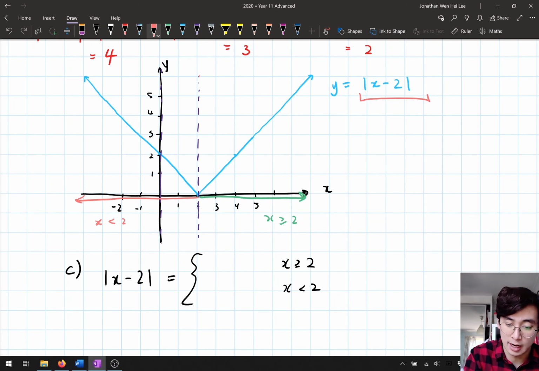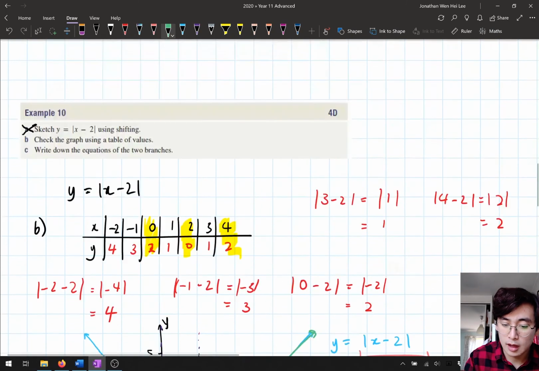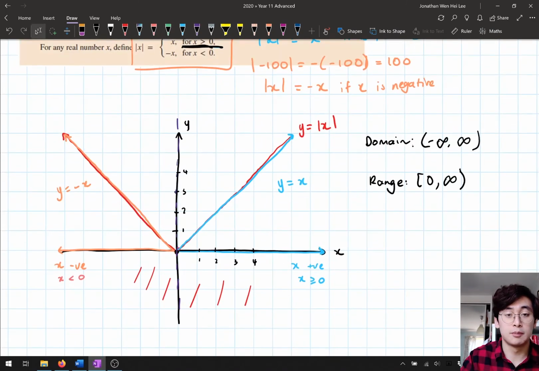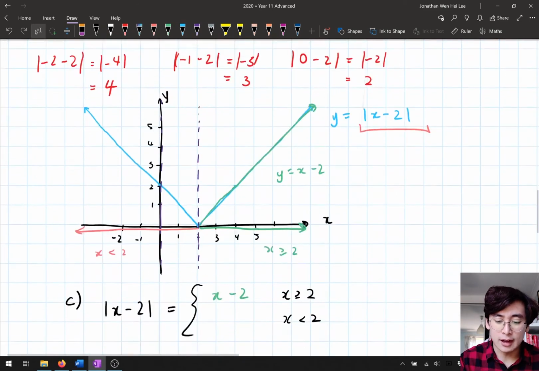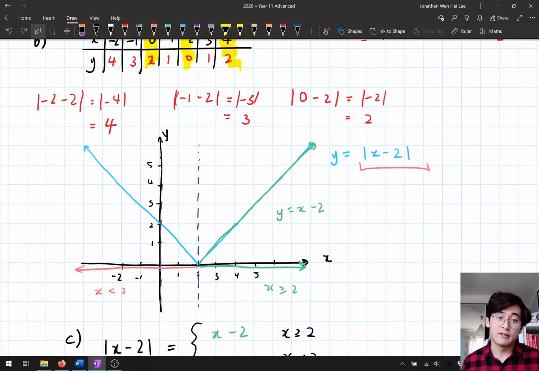So that's what this line on the right-hand side is going to be. That's going to be y is equal to x minus 2, which is exactly what we had over here. The blue side on my absolute value of x is just my positive version of y is equal to the absolute value of x.